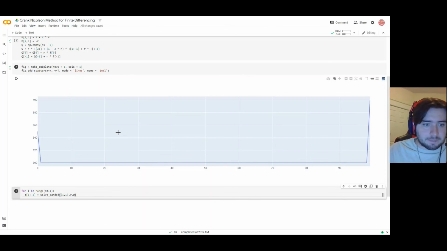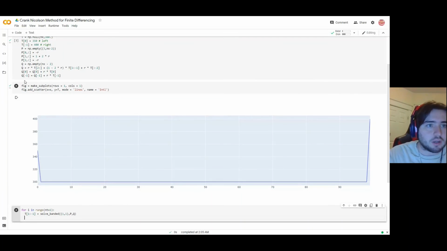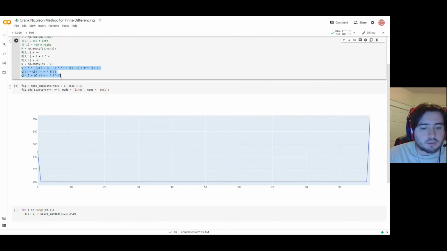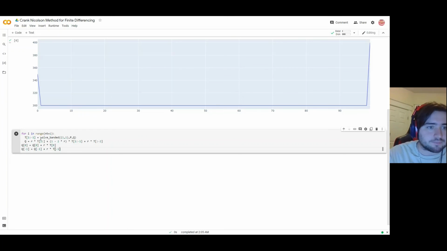Okay. So we're going from the first iteration and we're solving our next iterations are going to be all the values for P and for Q. And so for every iteration in this for loop, we're going to want to update our value for Q, which we can just copy and paste down in here.